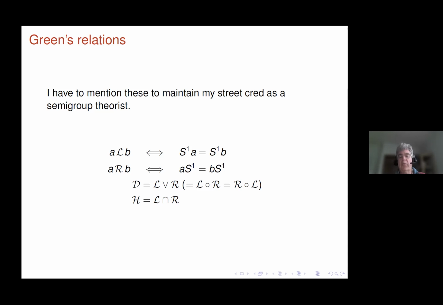The join of those equivalence relations is called D. And it turns out that as relations, L and R actually commute, therefore that's in fact the join. And then the other one is H, which is the intersection of L and R. There's also another one here which doesn't play a role that you may have run into if you've heard semigroup theory talks, which is J, and that's when the two-sided ideals generated by elements coincide.